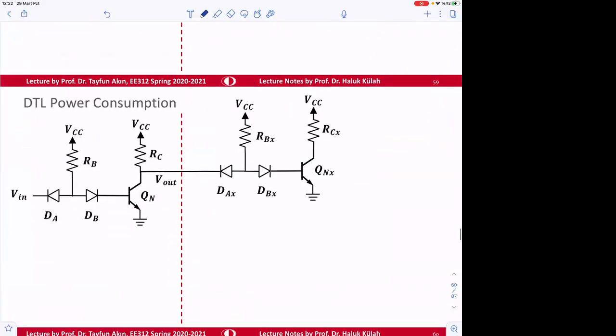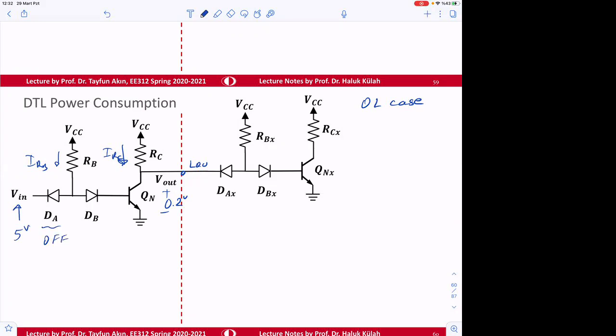Okay, and for the output low case, this should be low. That means this is in saturation. So we need to calculate this IRC and IRB. Okay, so in order to do this, this is 5 volts. So this one is off.